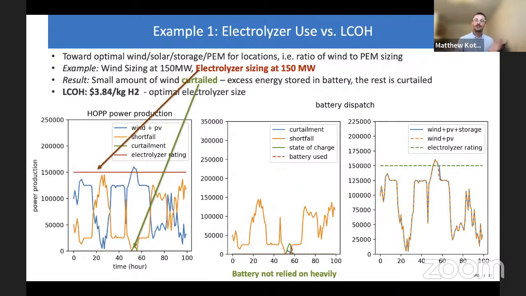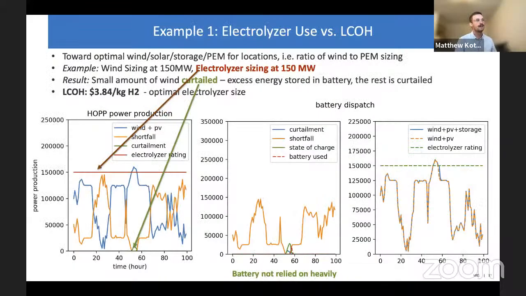Now, if you match your electrolyzer sizing to the same as your wind facility, your LCOH, you can see, is $3.84, and you're almost utilizing all the energy that's being generated. But then the question is, what happens if you oversize your electrolyzer more than the nameplate capacity of your wind facility?